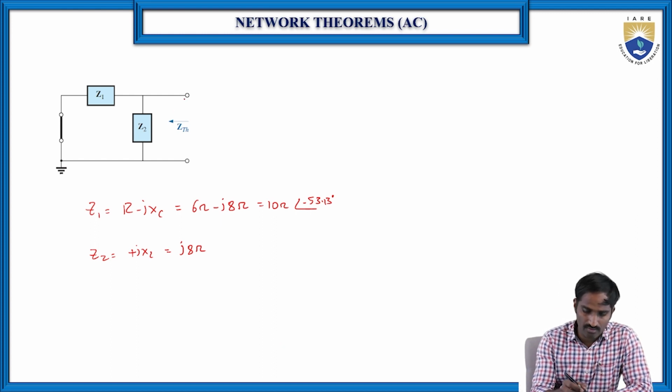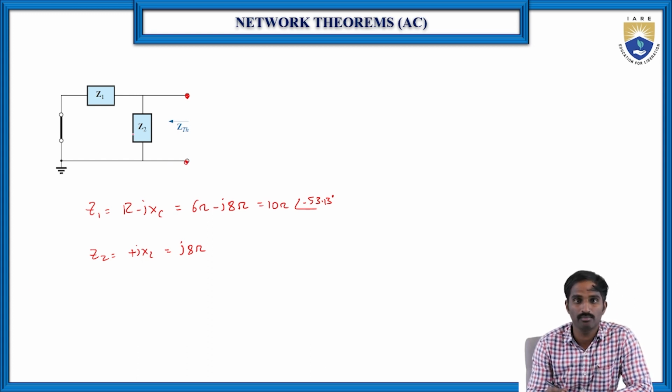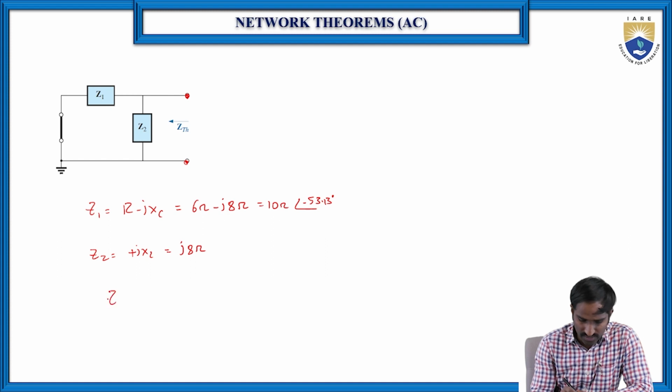Now we need to find the equivalent impedance in between these two terminals. As you can see, Z1 and Z2 are in parallel. So Z Thevenin is equal to Z1 Z2 by Z1 plus Z2.